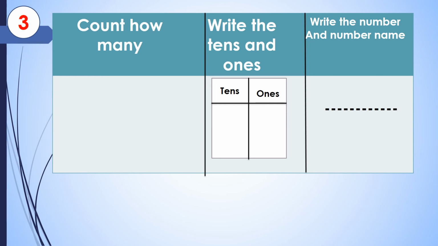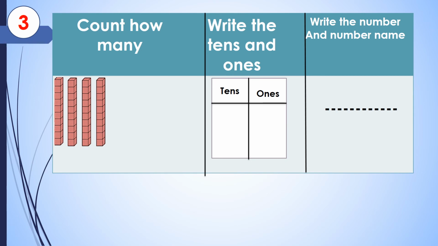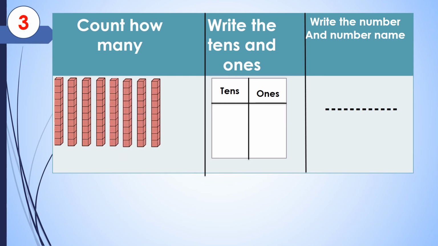Number 3. We have 1, 2, 3, 4, 5, 6, 7, 8. How many tens? 8. 8 tens equal 80. Let's see how many ones are there. 1, 2, 3, 4.